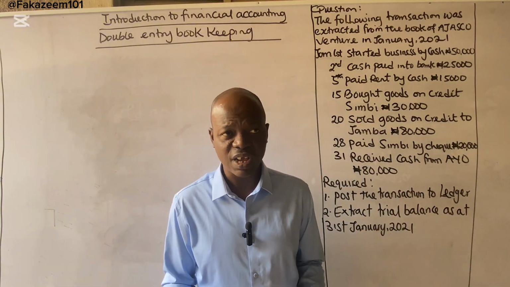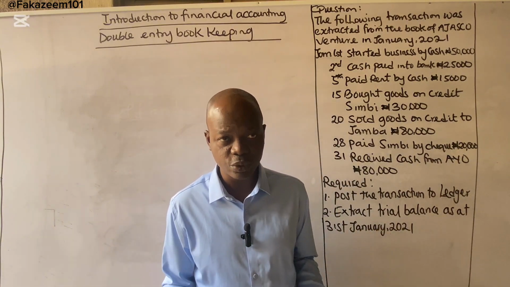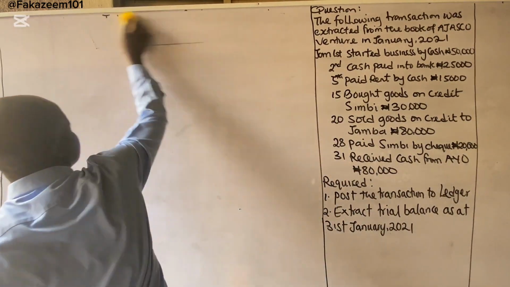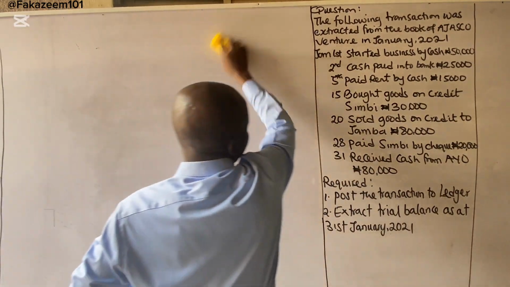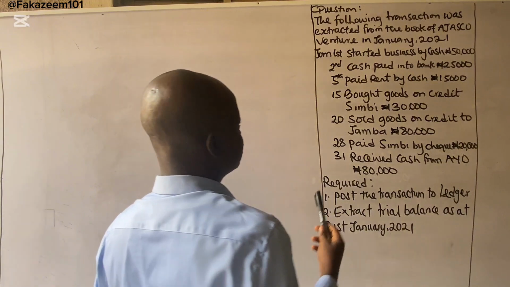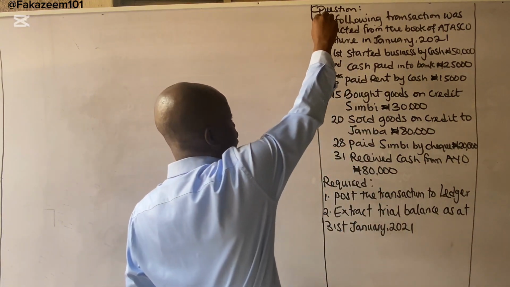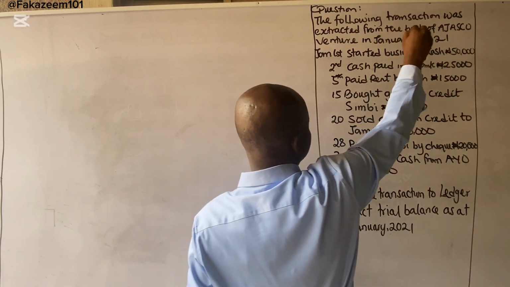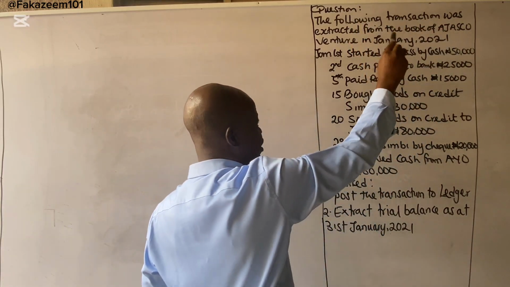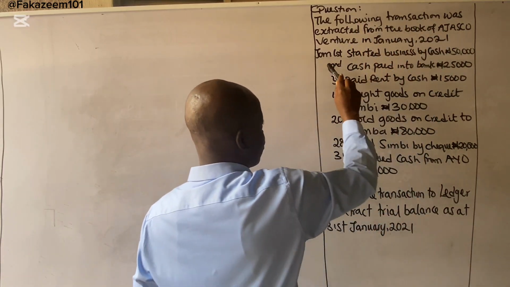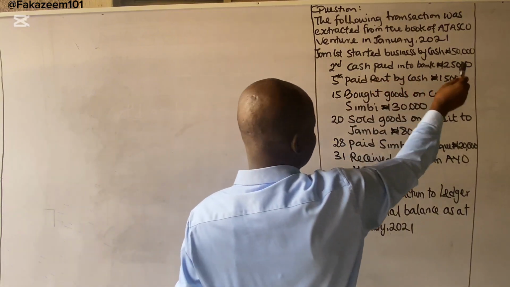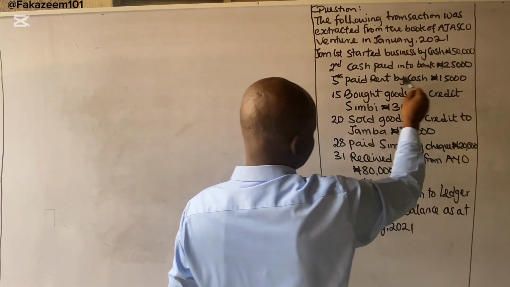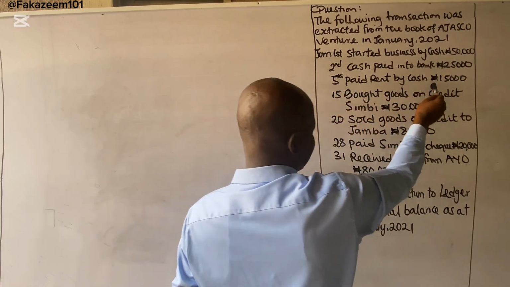Today, we are going to look at an illustration on double entry. The illustration on the board is: the following transactions were extracted from the books of Ajasco Venture in January 2021. January 1st, started business by cash. January 2nd, cash paid into bank. January 5, paid rent by cash.